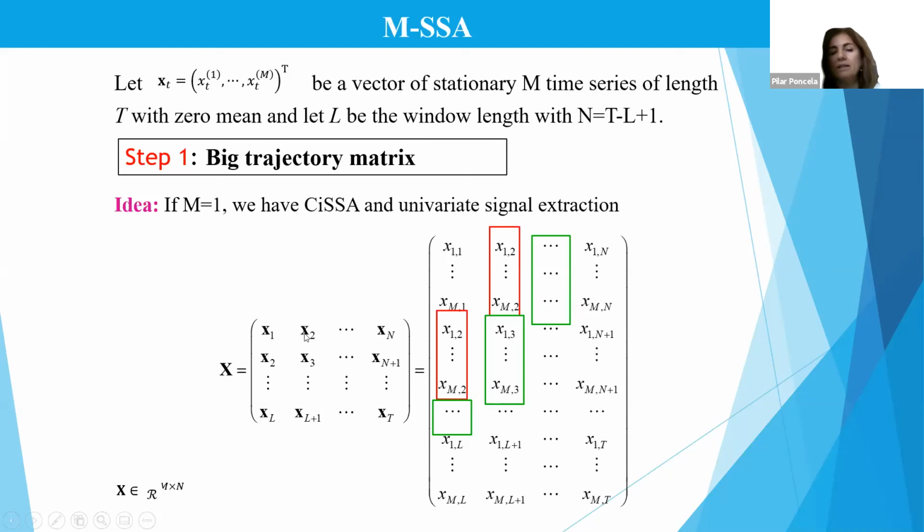Then we move to the second column of this matrix, and we shift the time dimension 1 point, and we will have our time series shifted by 1 data point, and so on, so on, so on. So for instance, the time series at time 2 appears twice in this matrix. Here you see them highlighted in red. The third data point appears 3 times, and as we move, data points appear more times. This is important in order to reconstruct the time series, the unobserved components that we extract.